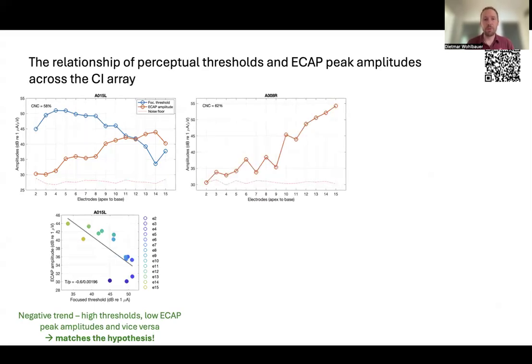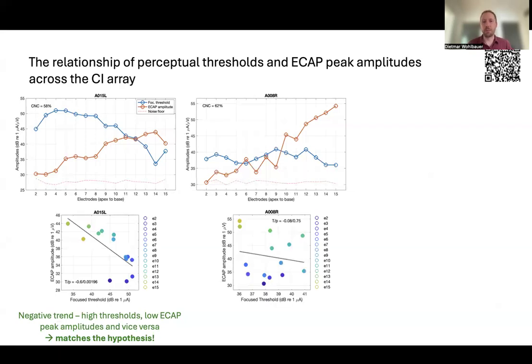Then I have another profile to show you that there's some variability across people. This ECAP profile possibly looks very similar, but the focus threshold profile is in general just flat. So of course we don't get a negative correlation with this, but we identified that in those subjects we often have a region that follows our hypothesis of a negative relationship.